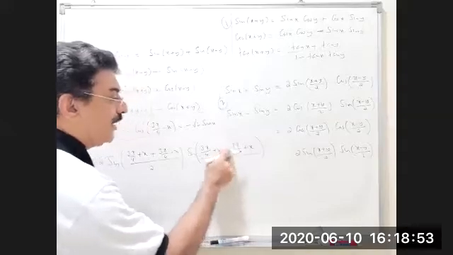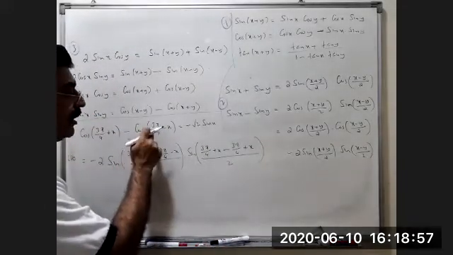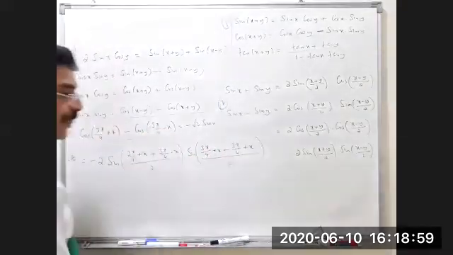Minus of, this minus sign is applicable for both, so minus 3π/4, and minus of minus is plus x, over 2.